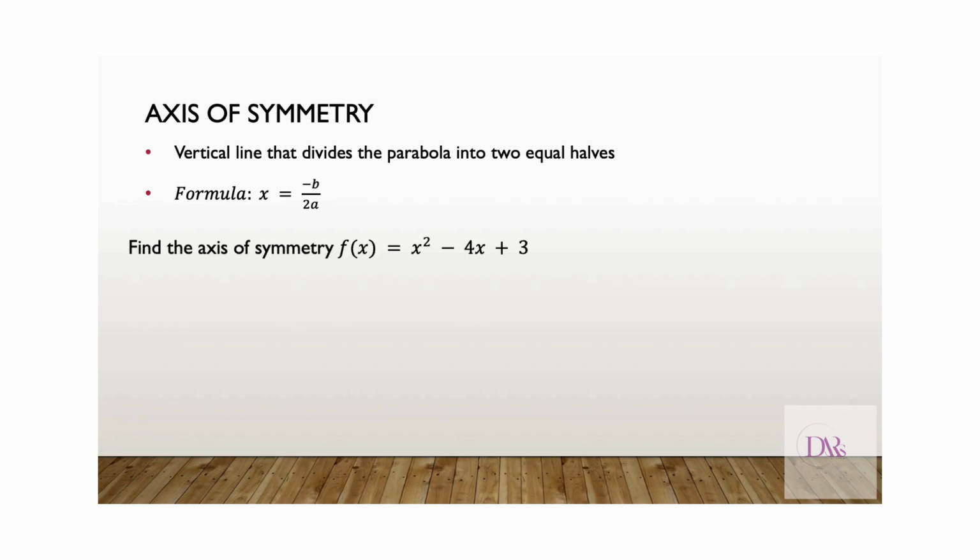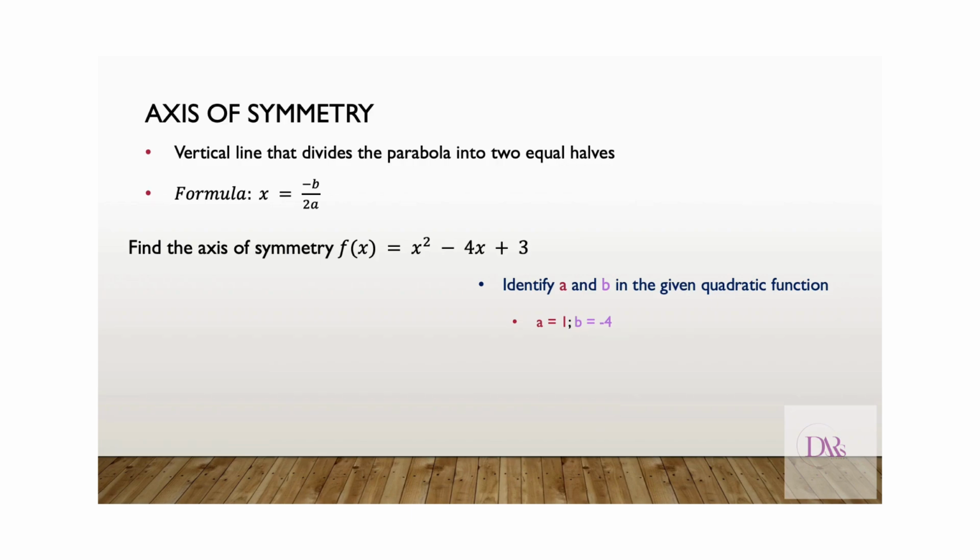Now let's look at an example. We're going to find the axis of symmetry for f of x equals x squared minus 4x plus 3. First, let's identify a and b in the given quadratic function. For this particular example, a equals 1 and b equals -4.